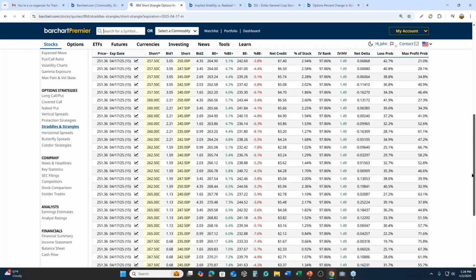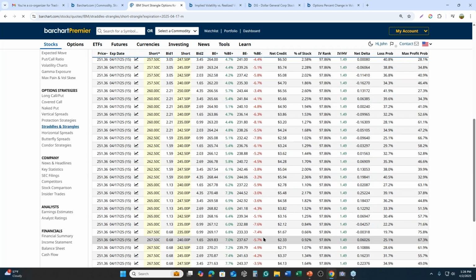And here we are around here. Here it is, 265, 235, where I'm going to take in about $2.12. And that's not a lot, but certainly because we're not going to get a lot of volatility based on the earnings, I think that's a good value. And now look at our probability, less than 25% of a potential loss and greater than 70% of a potential profit. Now I'll go into our little arrow here.